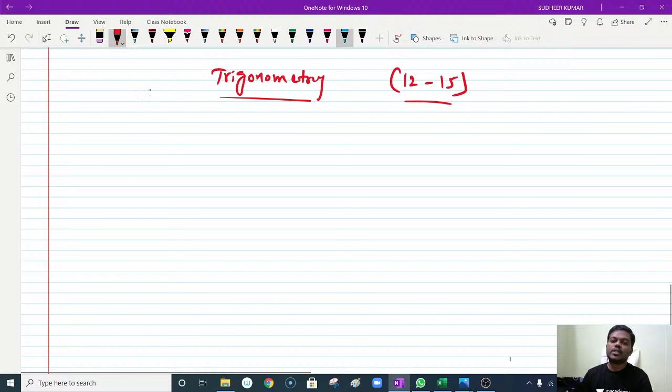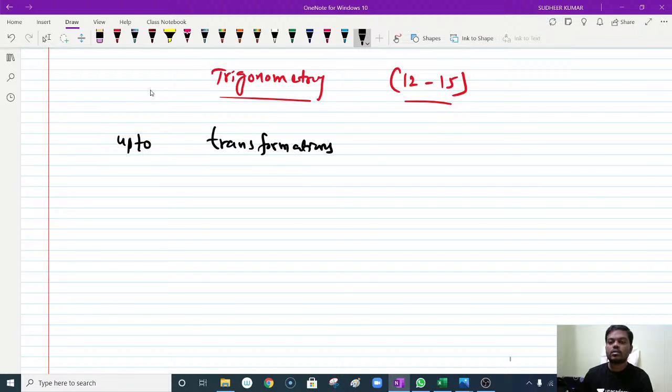From the ratios, up to transformations, multiples and submultiples all together, 3 to 5 marks.